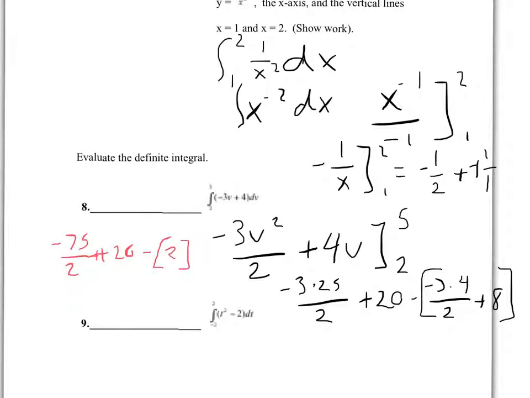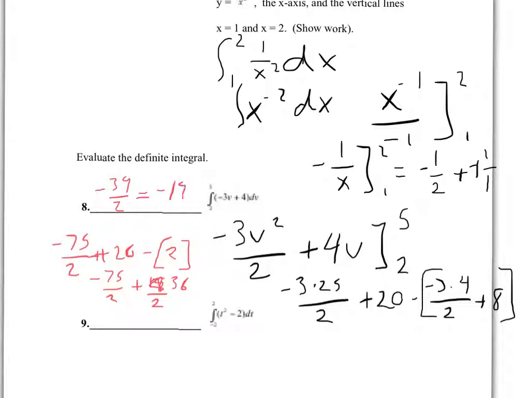Alright, so I'm going to subtract 2 from 20, I get 18, so -75 halves plus 18, and let's see, change this to base 2 there, and that would be a 36. So let's see, that should come out to be, what, -39 halves, right? Which is equal to -19.5, right?